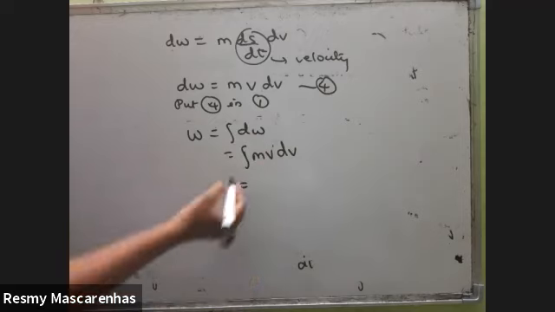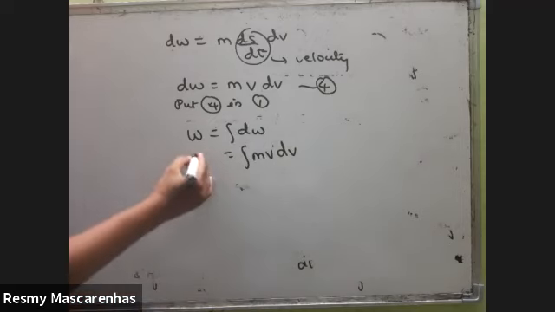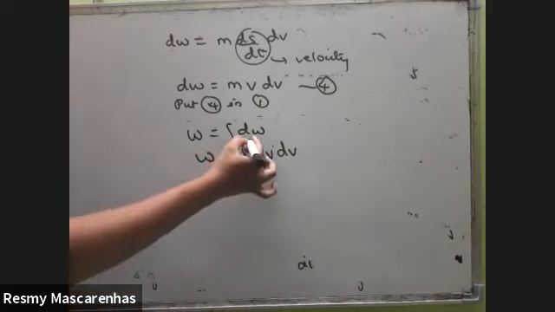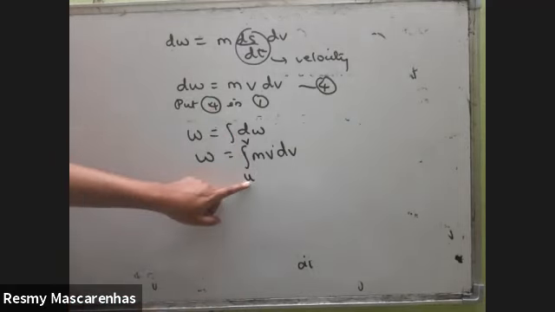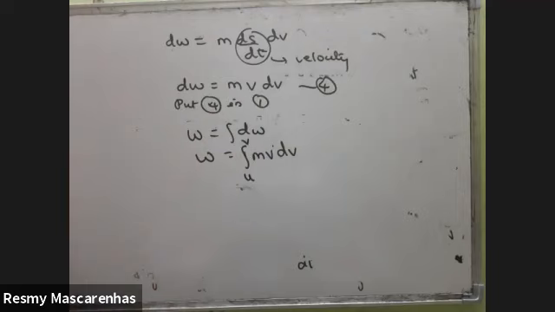Now what will be the limits? For work done, you have to take from u to v. Now we cannot take u as 0 because the body is not at rest.